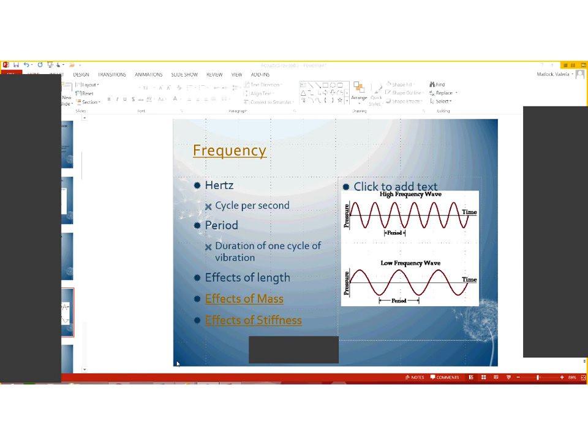Okay. Yes, I did say the longer string would move fewer cycles per second than tightening it.